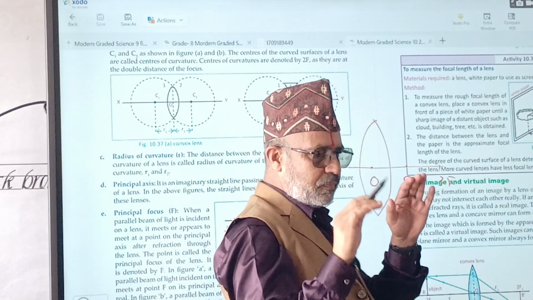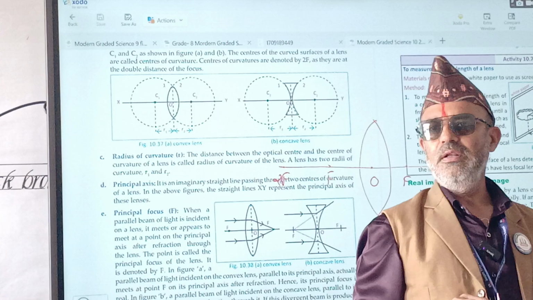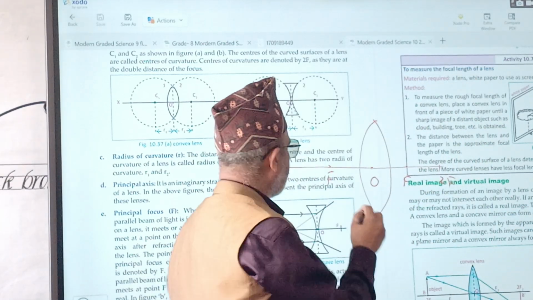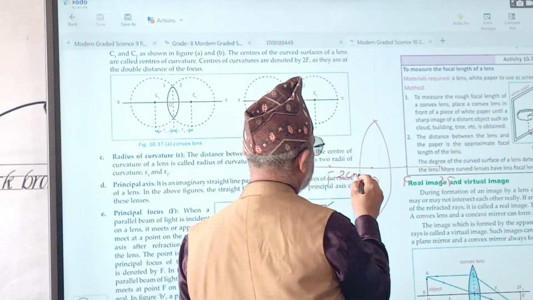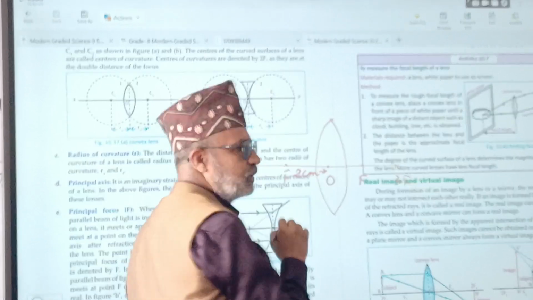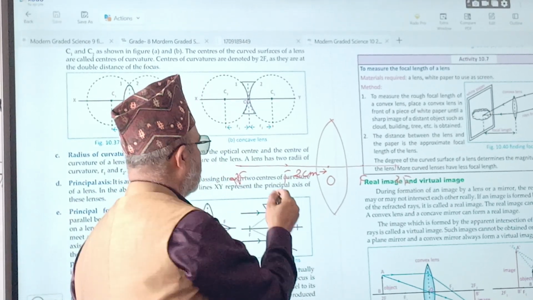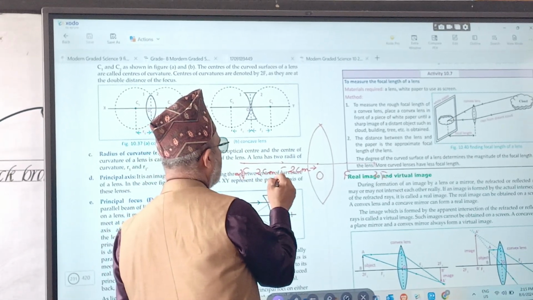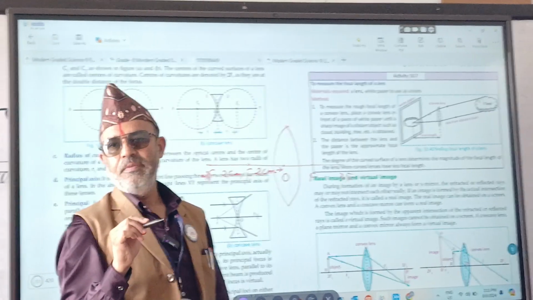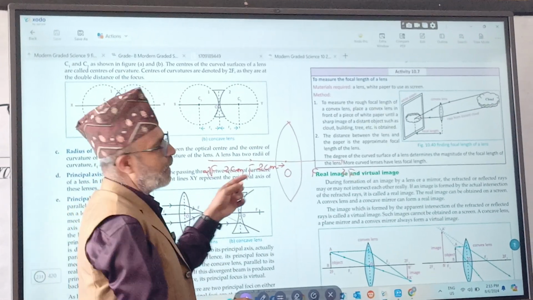Later on you have to draw the diagrams as well, and you must not forget to mark it as minimum 2 centimeter. O to F should be 2 centimeter, and F to 2F should be equal. Understood or not? So don't make it haphazardly.